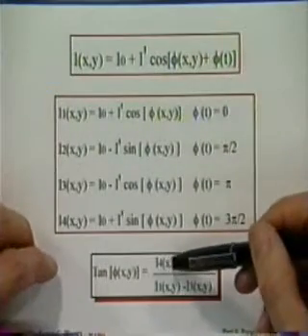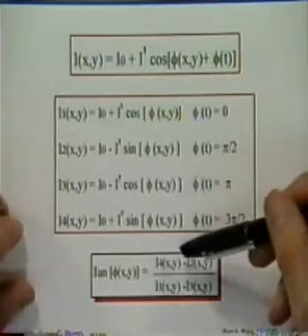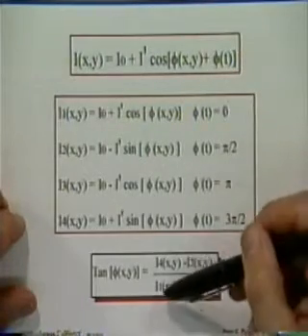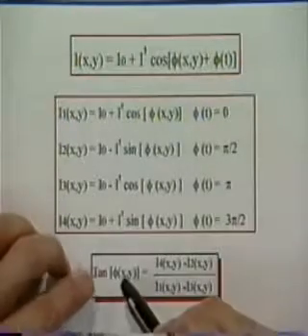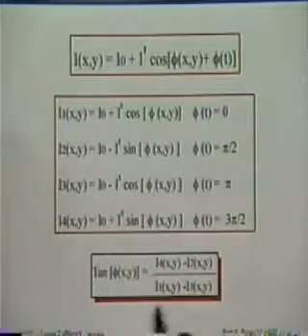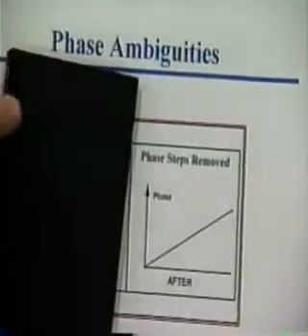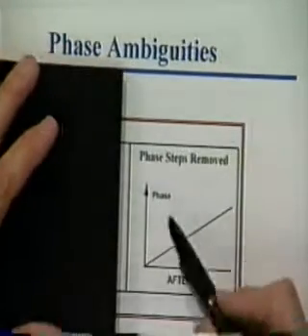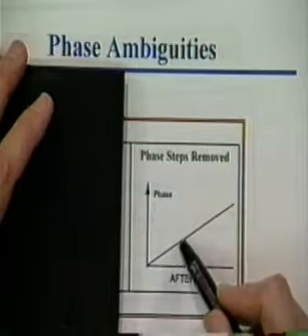Here I know the sine and the cosine, so I can look at the sign of the sine and the sign of the cosine, so I can see which quadrant I'm in. So I can calculate phi between 0 and 2 pi. But if I'm measuring something where the phase varies many times 2 pi, I get confused once I go through 2 pi.